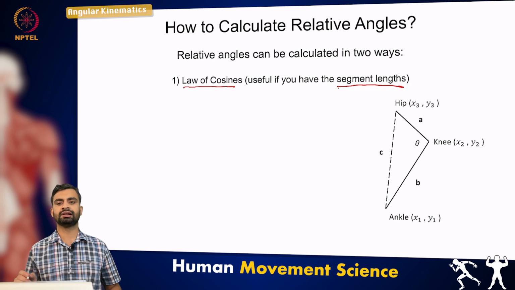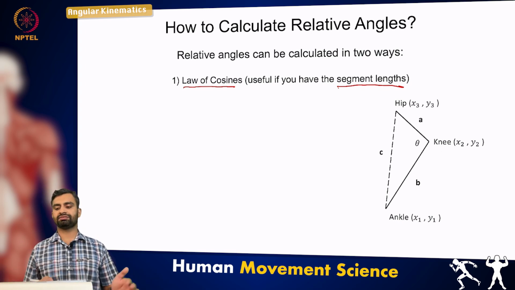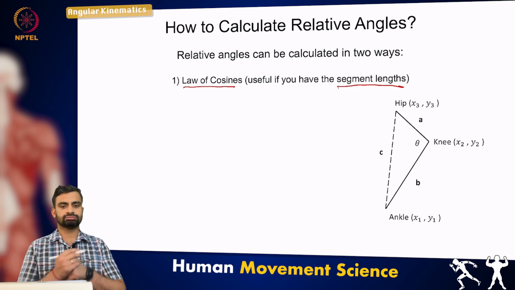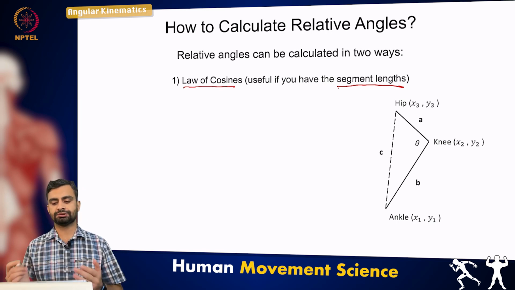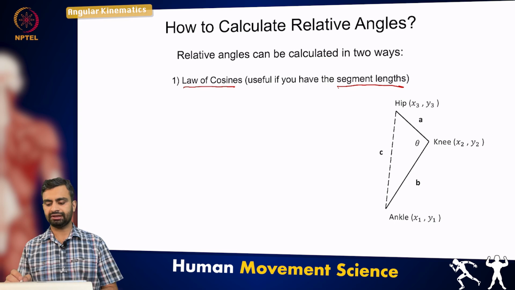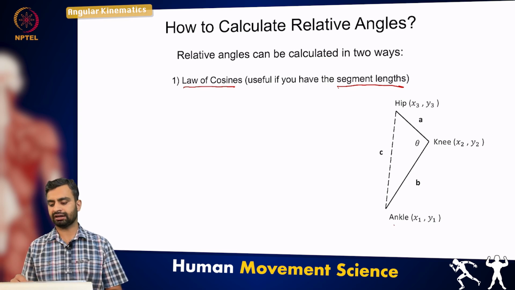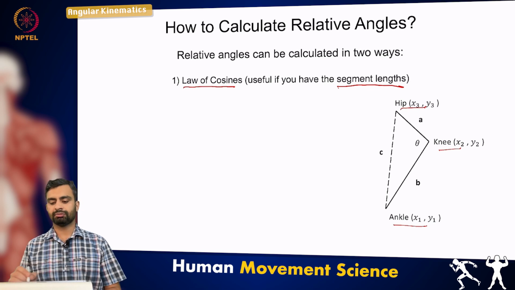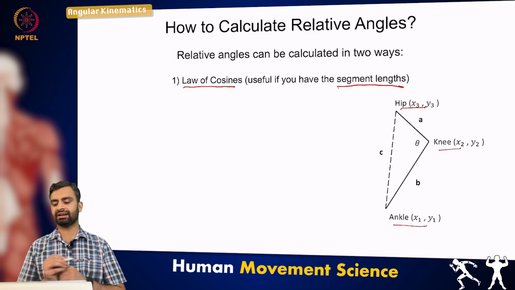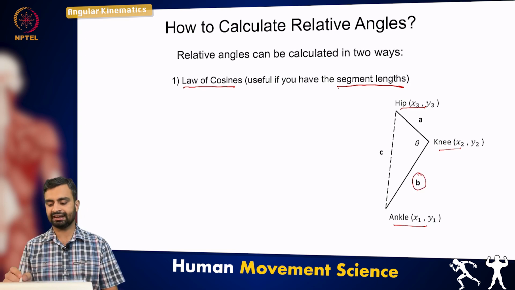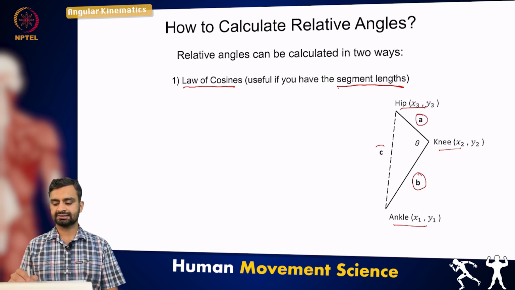For example, as we were discussing in the previous example using our absolute angles. In this, we have endpoints for ankle, knee and hip given, but this particular method, law of cosines, is useful only when you know the segment lengths like A, B and C, and that will help us to calculate the angle theta.